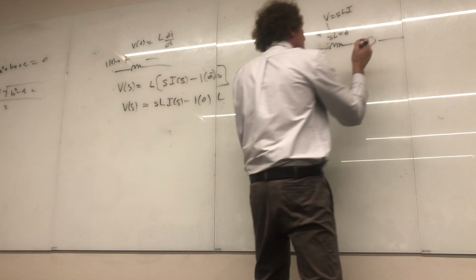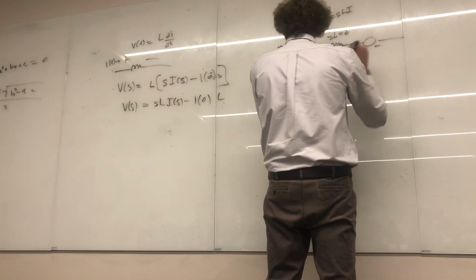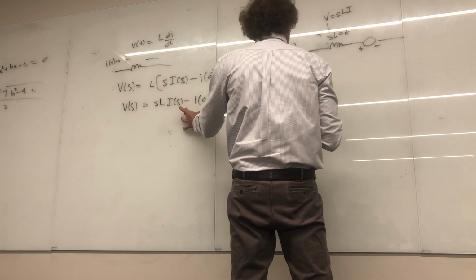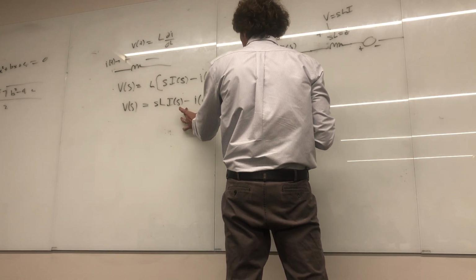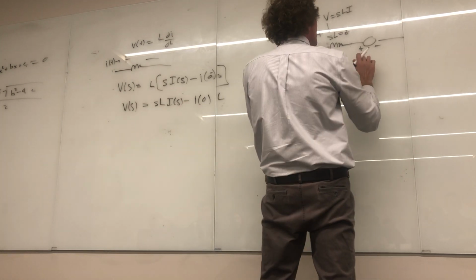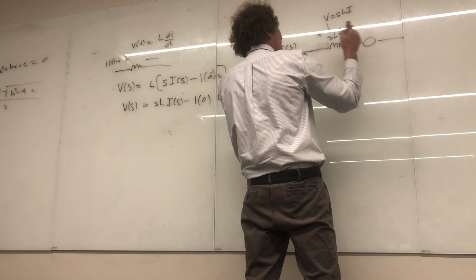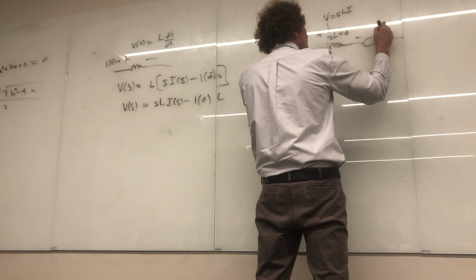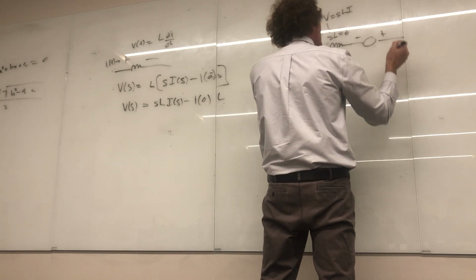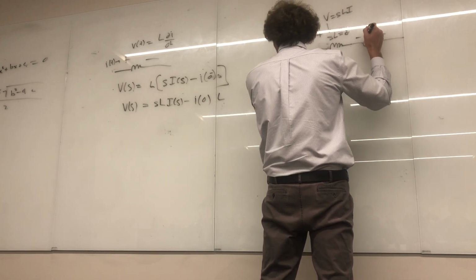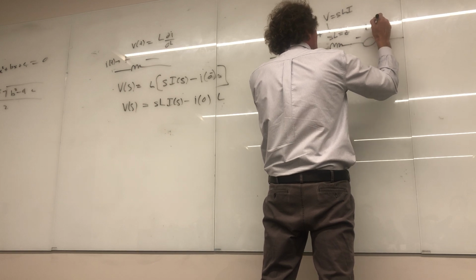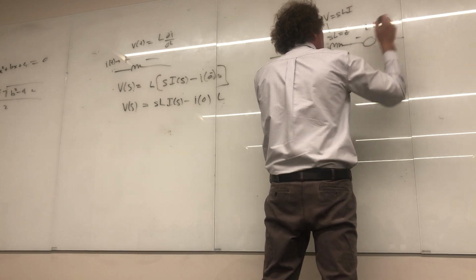But it also looks like there's actually a fixed voltage right here that's going to be minus I naught times L. And actually, I've got the polarity wrong. The voltage here would be plus to minus that. This is going to be minus to plus because it is a minus voltage. And this voltage here is going to be L times I of 0 minus.